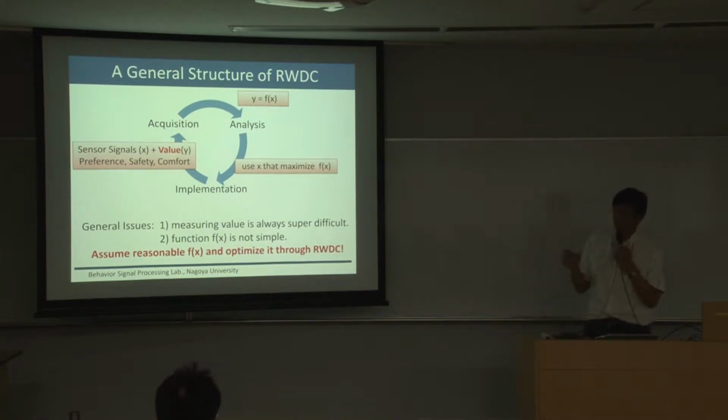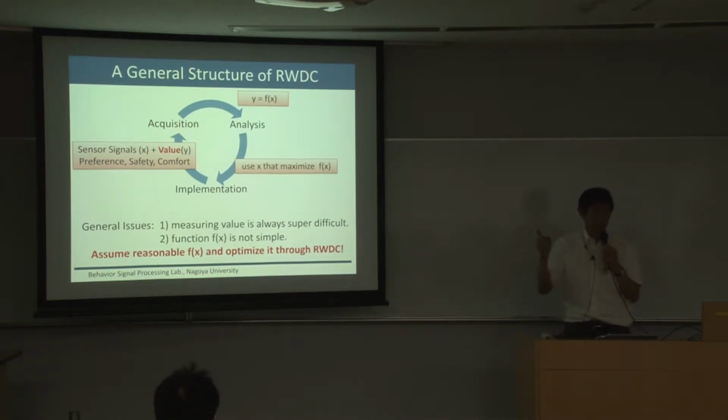So to connect the virtual world and the real world and to realize a very good future of the society based on the virtual knowledge, we need to make a very fluent information flow based on acquisition, analysis, implementation, and then again acquisition, analysis, and implementation. This is a loop which continues forever.